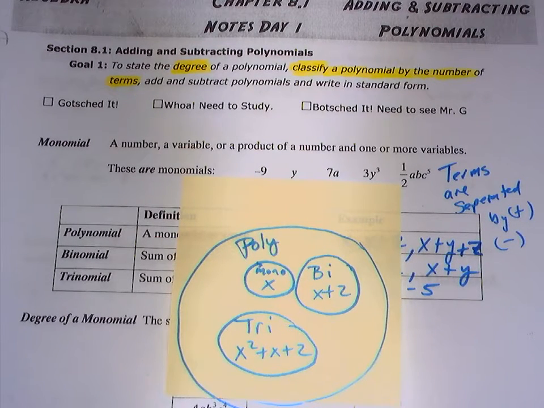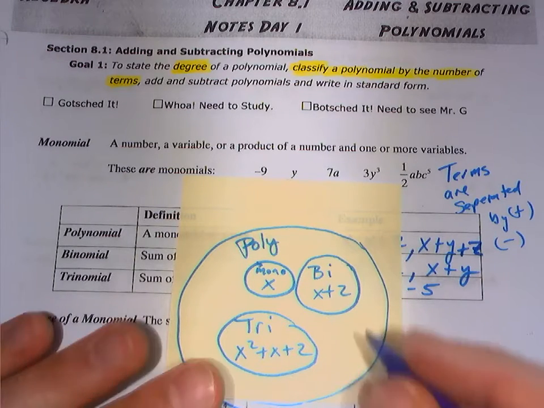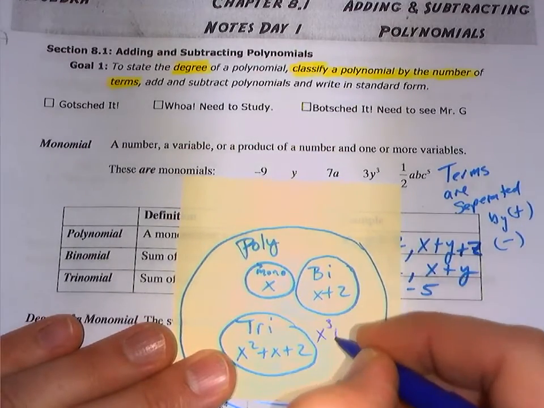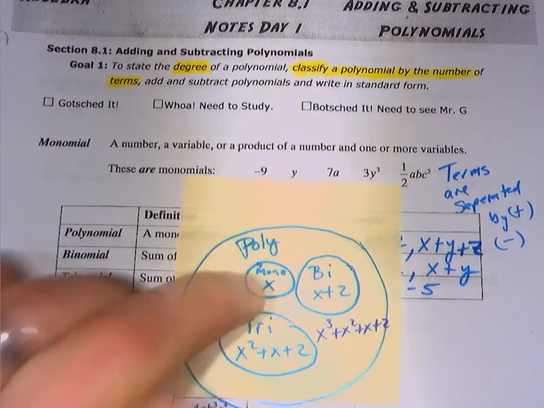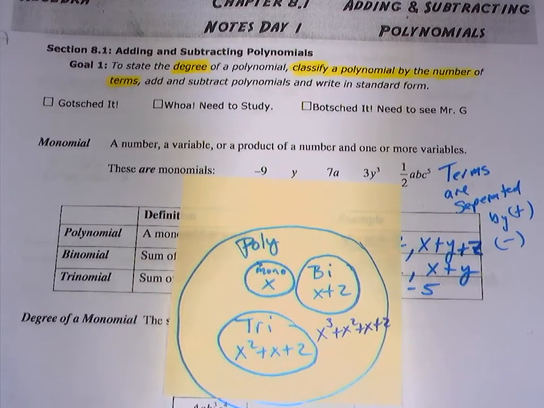So a polynomial could be a monomial, a binomial, a trinomial, or it could have 4 terms, like x cubed plus x squared plus x plus 2. It could have 5 terms, 6 terms, 7 terms, I don't know. But they stopped giving them special names after 3. They're like, okay, 3, that's enough.